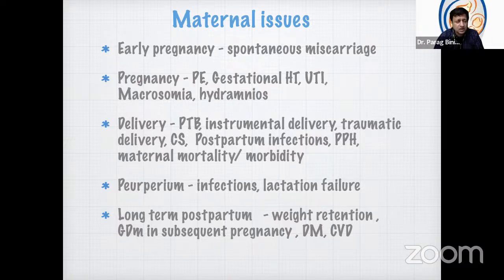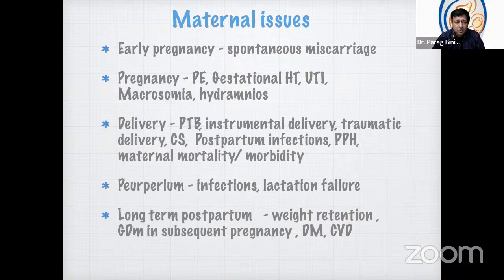Delivery is not easy. More instances of preterm births, more requirement of instrumental delivery or cesarean section. Deliveries at times can be traumatic because of a big baby. These women are more prone to postpartum hemorrhage, postpartum infections, and in general, it adds to maternal morbidity as well as mortality. The puerperium also is many a time stormy with infections and lactation failure.